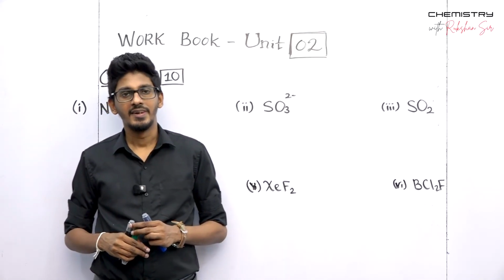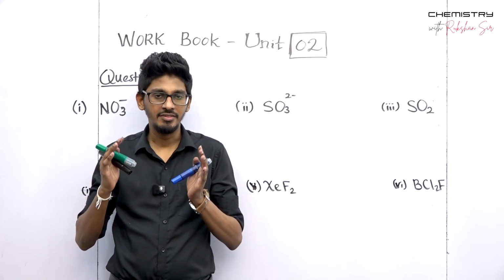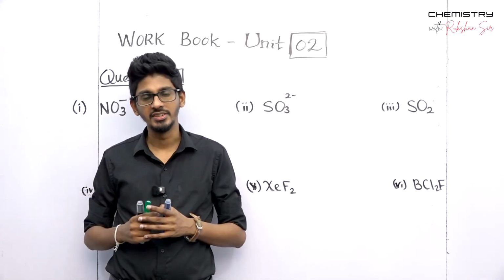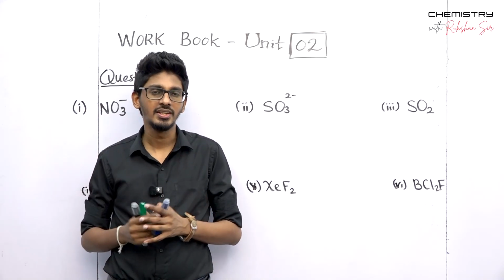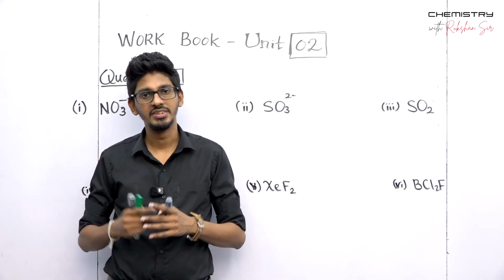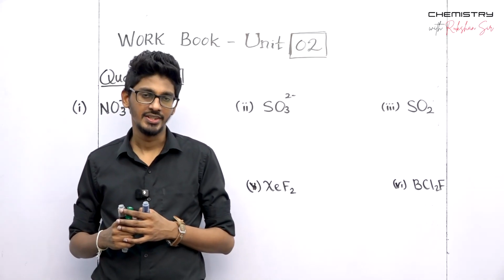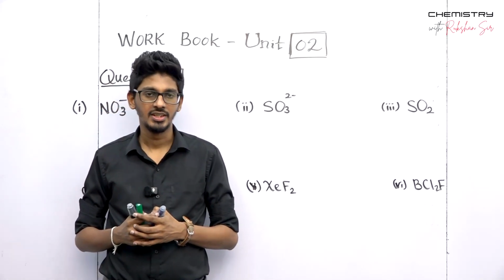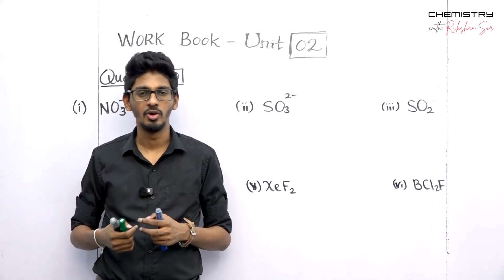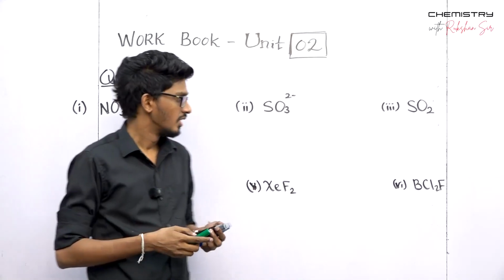So when we are thinking of the existing structure in nature, basically we have to draw that with its exact shape, right? So let's draw the structure first of all. Then after that we can think of marking the dipole moments and coming up with the polarity of the molecule, right?